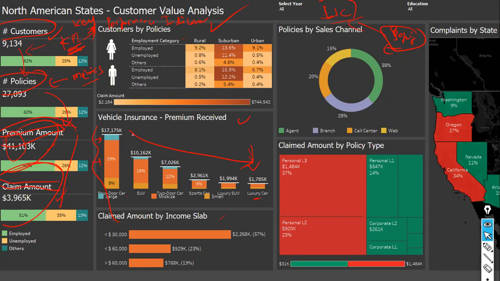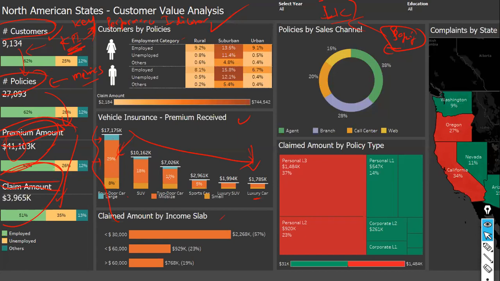Very good. So in that case, we can target these kind of customers, mid-size car customers. We will call them and ask them to go for insurance with us. This is the trend we can see. Similarly, you can see mid-size SUV and 2-door car, the mid-size.